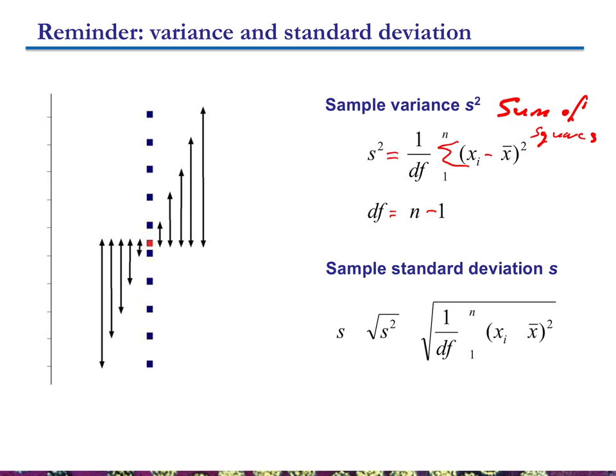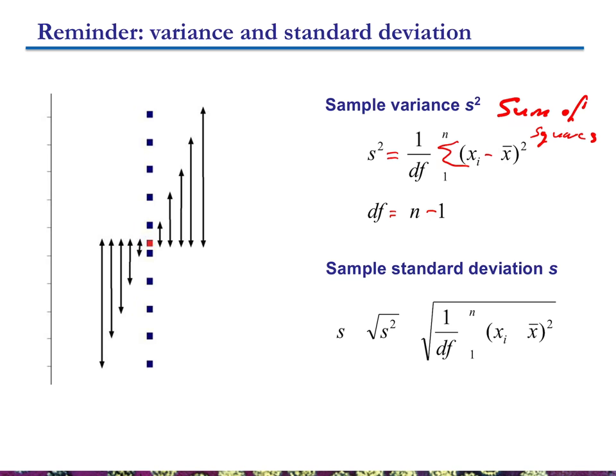The sum of squares is a very common measure of variation that you see in a lot of statistical analyses, and we see it for the first time pointed out specifically in the ANOVA F-test. Now, we take that sum of squares and divide it by our degrees of freedom, which in this case is n minus 1. That's our variance, s squared.